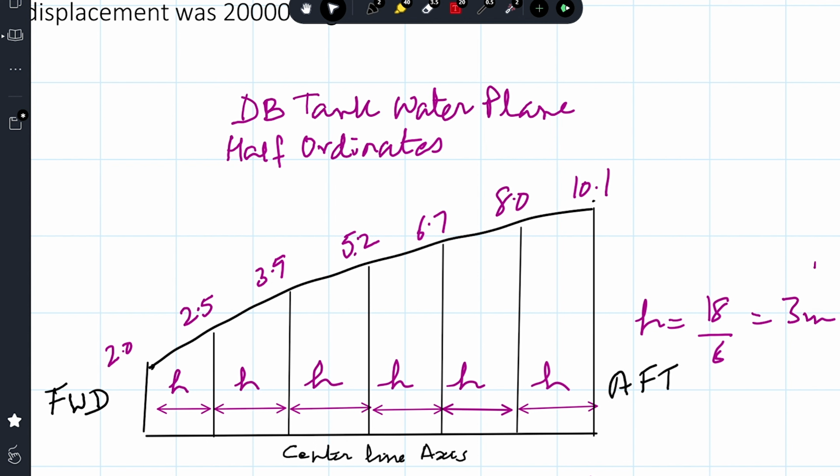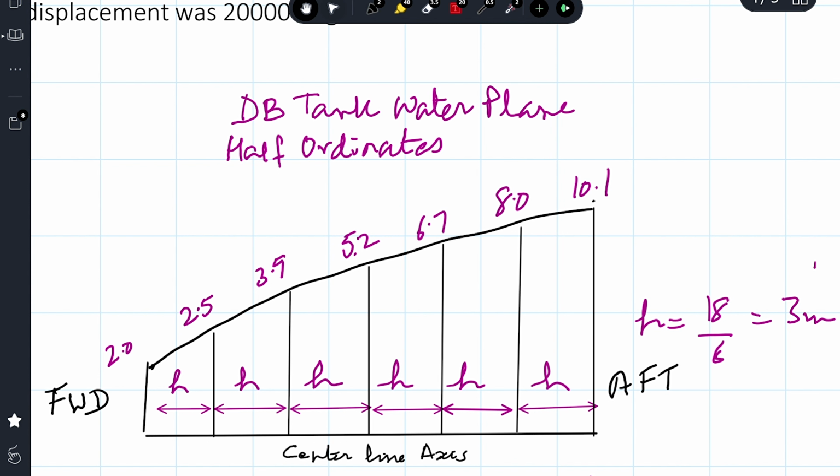So we need the transverse moment of inertia, which is about the center line of the tank. This is the center line here. And of course, because our ordinates, which are half breadths, are perpendicular to the axis, we will need to use a y cube function for Simpson's rule.